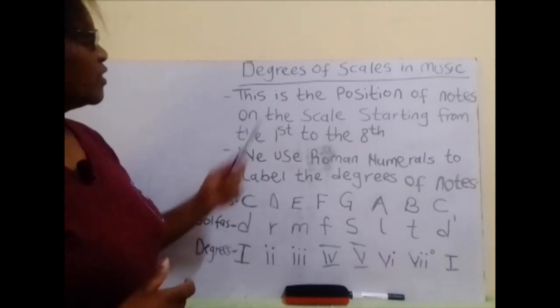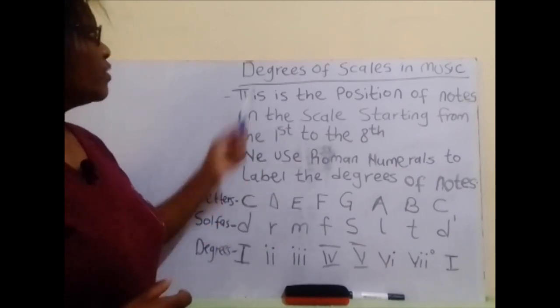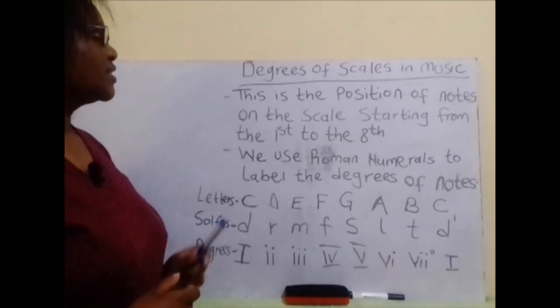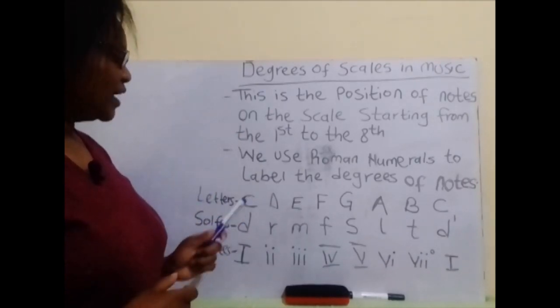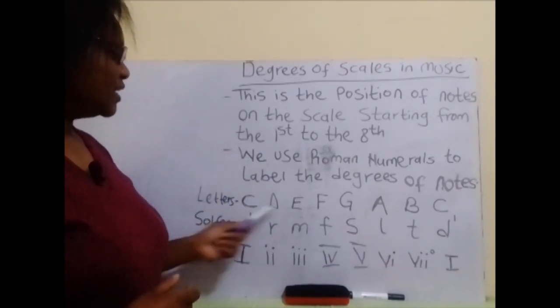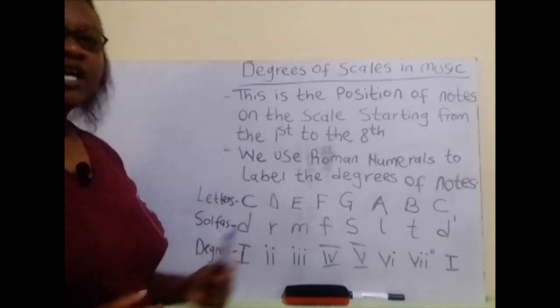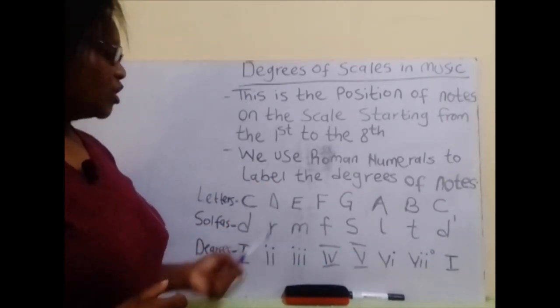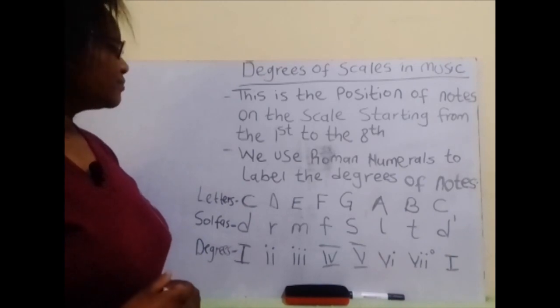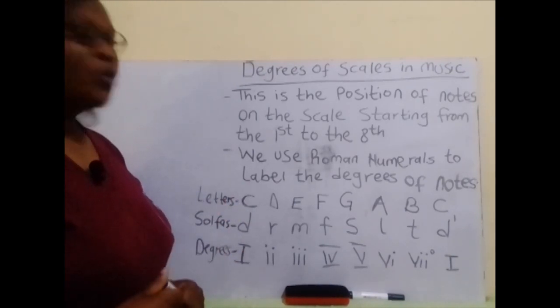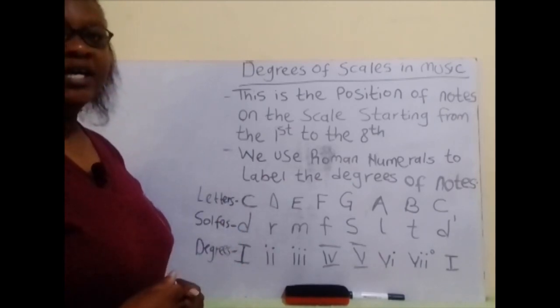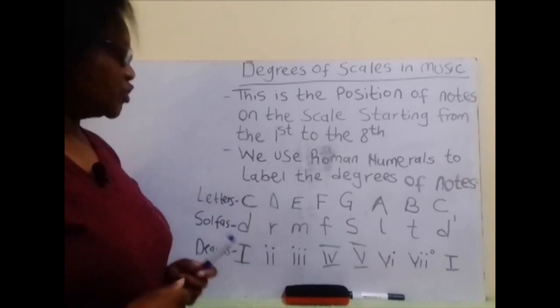Now, those positions are the ones we call degrees of scales. So every solfa or every letter in a scale, whether major or minor, has got a degree, a position where it is sitting, and it can't change that position.